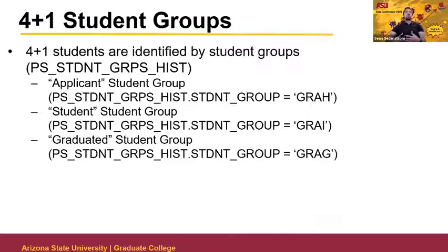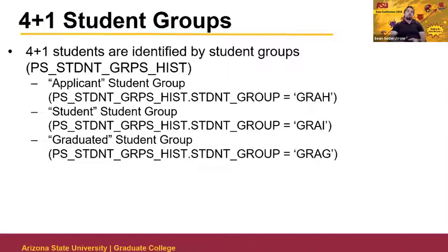Okay, so one of the questions that we get a lot in terms of 4+1 is, how do I actually identify these students? It's a fairly unique student population because we're tracking both in undergrad and graduate. But the primary way, at least from the graduate perspective, is going to be the student groups.